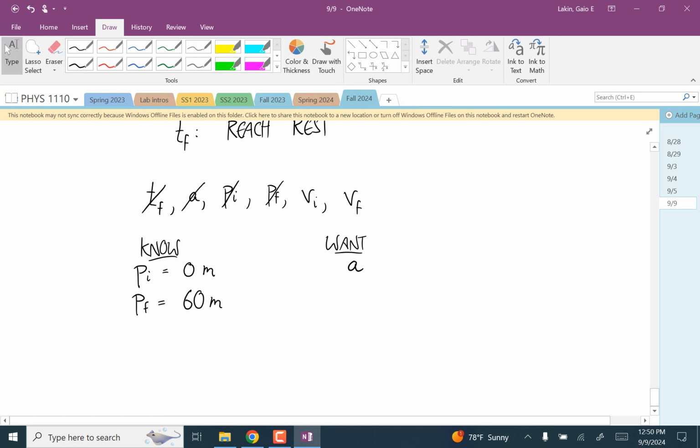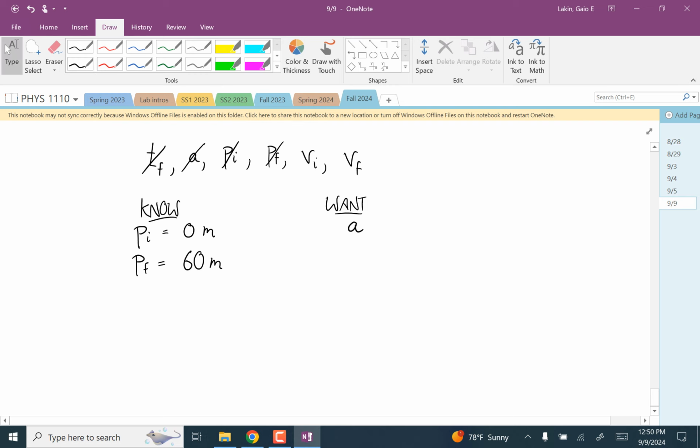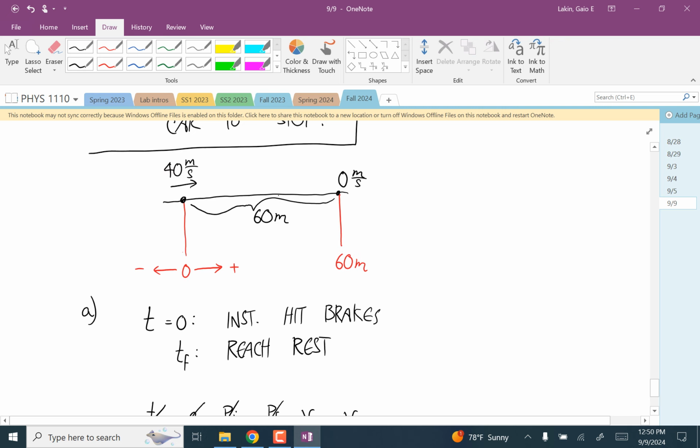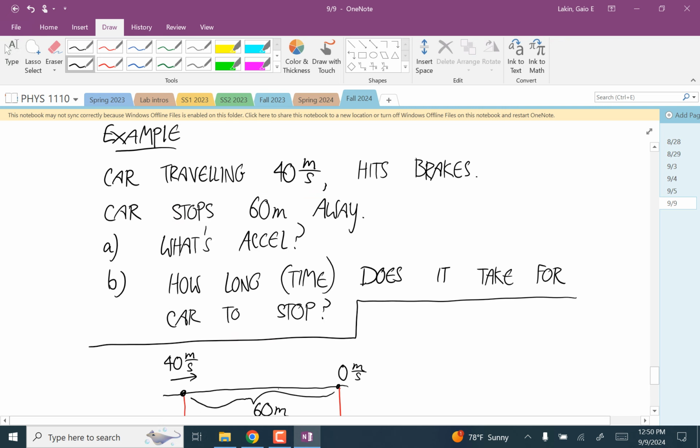Do we know the velocity of the car at the instant we turn the stopwatch on? Yes. Okay, I want to say a little thing about this. What we're given in the question is a speed, right? It's traveling 40 meters per second. In order to make that a velocity, we have to combine that with the direction that it's moving.